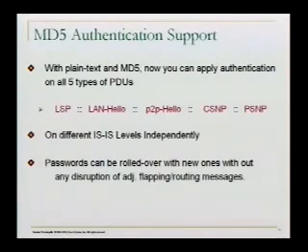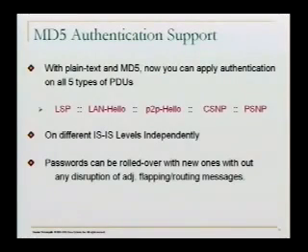Now what the RFC proposes is that you have these 5 packet types: the regular LSP that you flood, the LAN hello, the point-to-point hello, the CSNP, and the PSNP. You can apply the authentication on any of these packet types, or on all of them, or on a subset of the packet types.